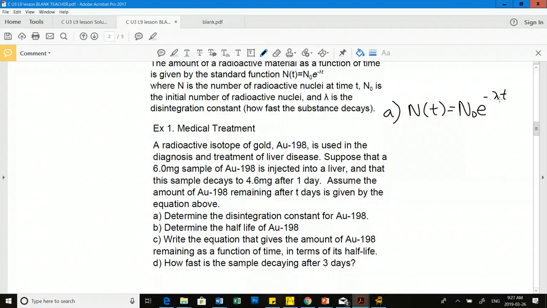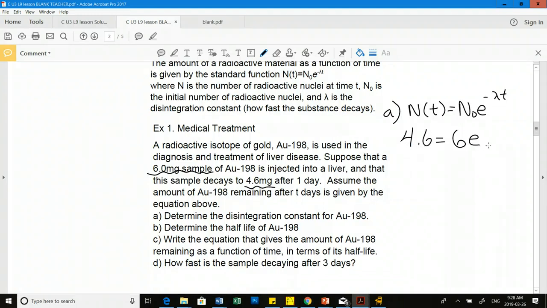What is our initial value of gold? Or initial amount, I should say. 6. Okay, so we're going to plug that in for N initial. So we have that 6 milligram sample. Future value after a day, we have 4.6 milligrams. Okay, so we're going to sub that in for N at t.